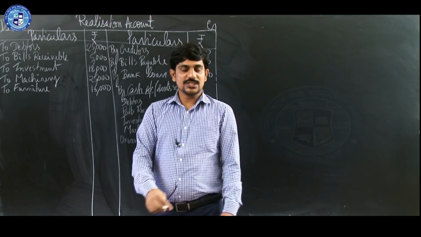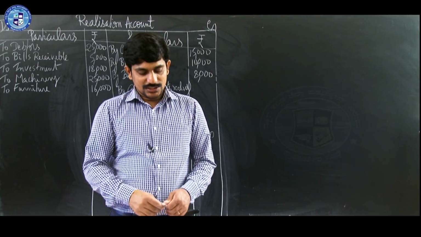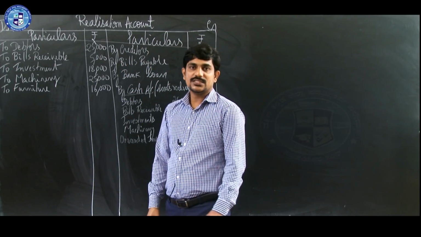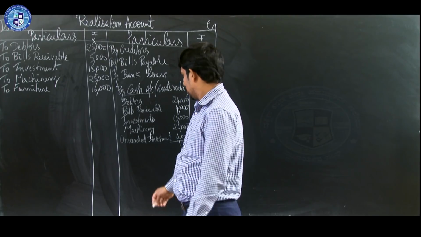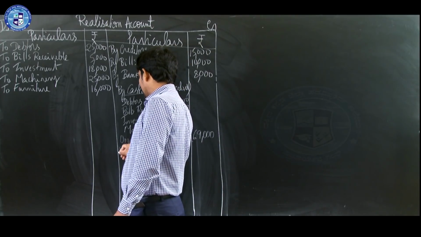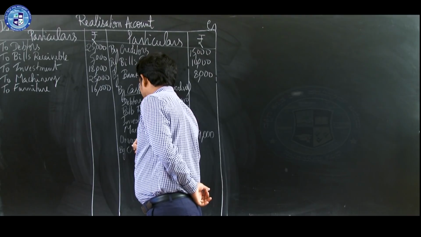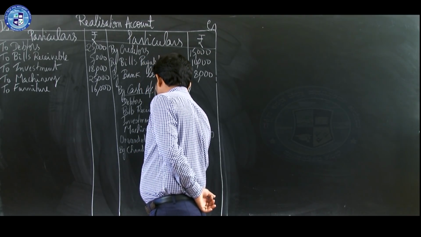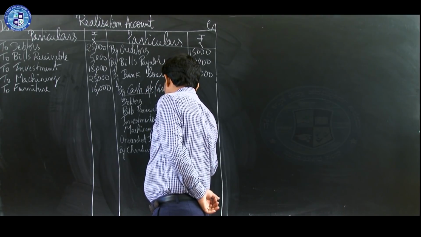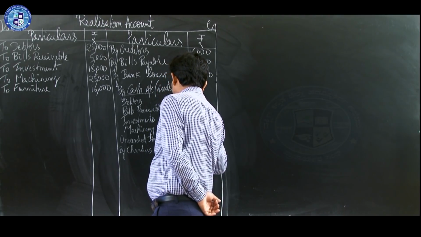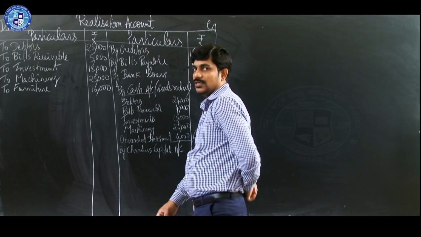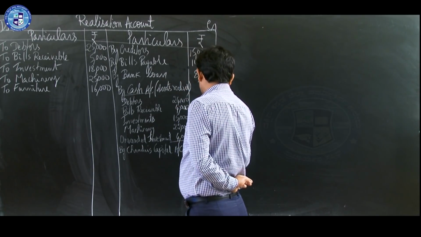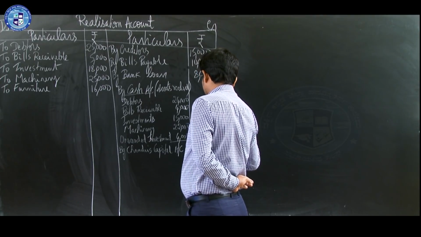Now which asset is left out? Furniture. What adjustment is there for furniture? Chandu took the furniture for rupees 10,000. Furniture is taken over by Chandu. So again which side you have to record? Credit side by Chandu's capital account. So Chandu has taken over the furniture and how much amount is giving to the firm? 10,000 rupees.